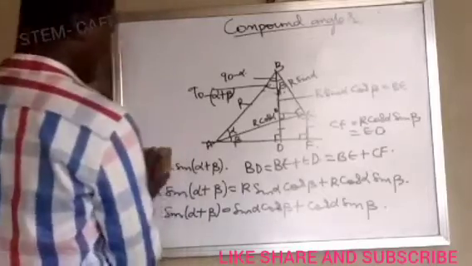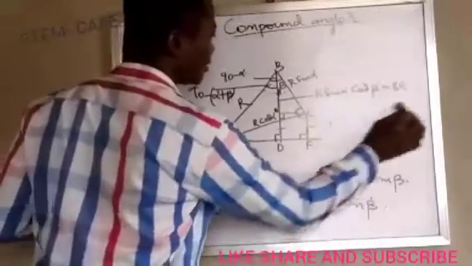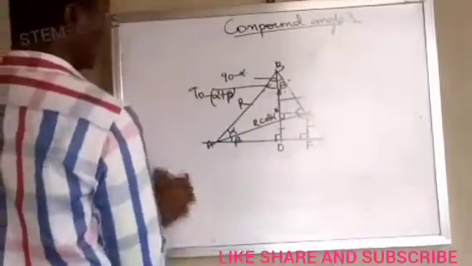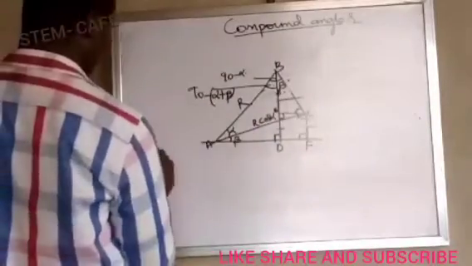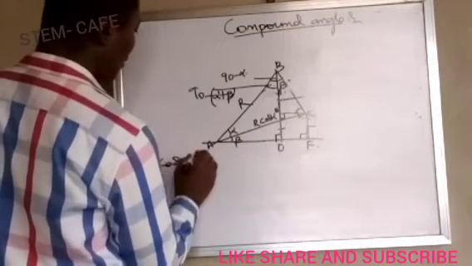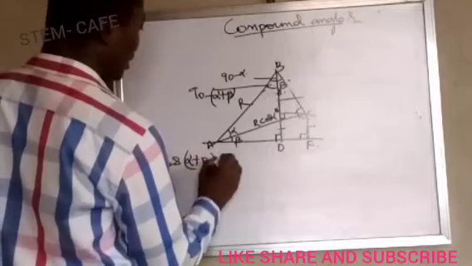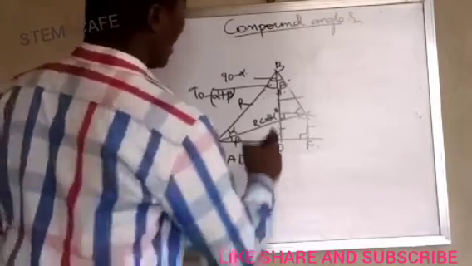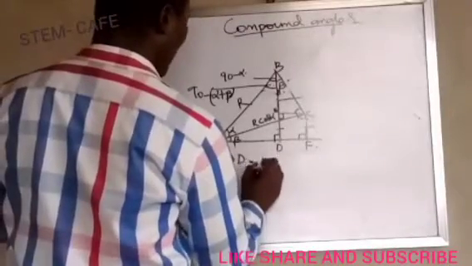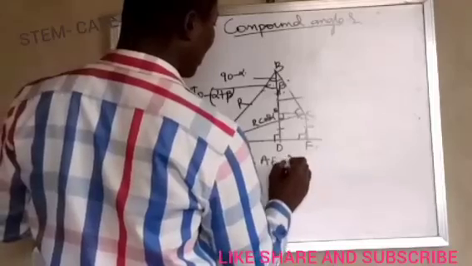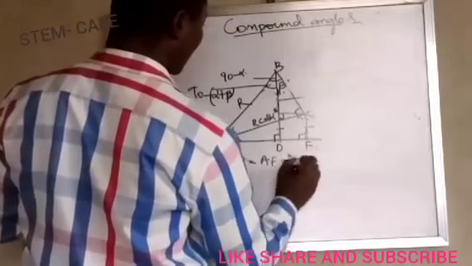Now to find the cosine side, I will go to the adjacents. So r cos (alpha plus beta) is equal to AD. And that is equal to AF minus DF.